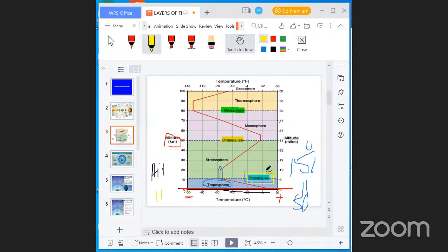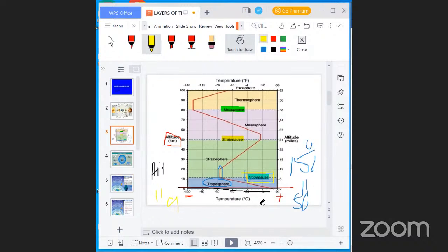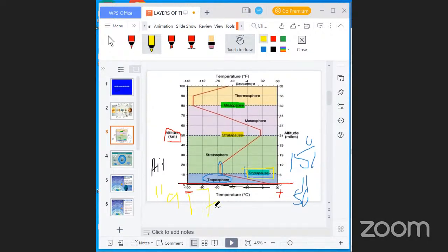The depth of the troposphere is around 9 kilometers in the polar regions. Remember this: 9 kilometers in the polar regions and 17 kilometers in the tropical regions.